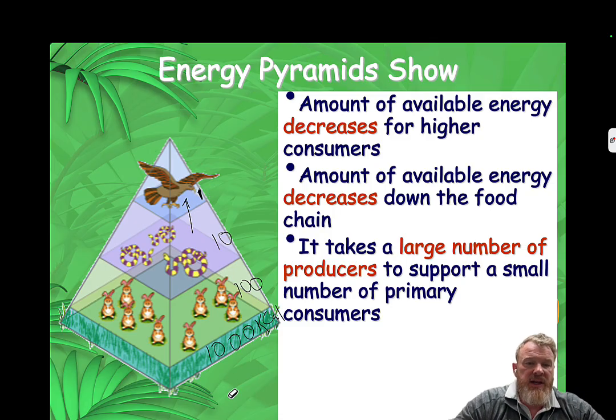So at each level we go up, it's going to require there to be more organisms underneath than on top of it. All right. So at the very top, you're going to have very few organisms, a little bit more, a little bit more, a little bit more. Okay. And that can be true for the same thing of a biomass pyramid.